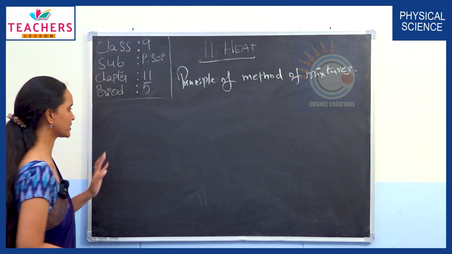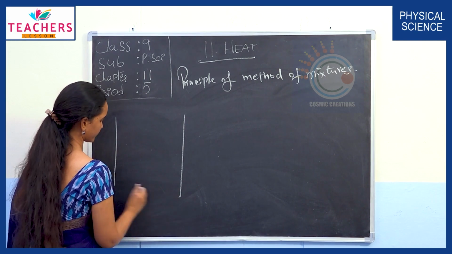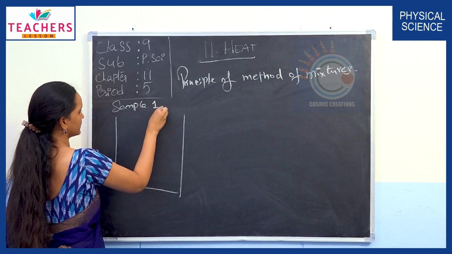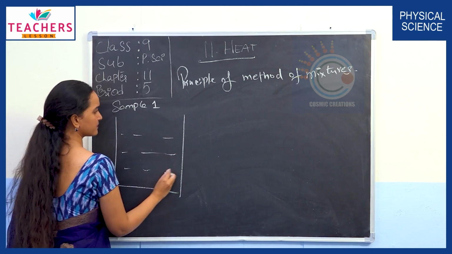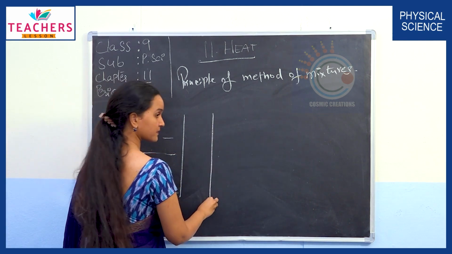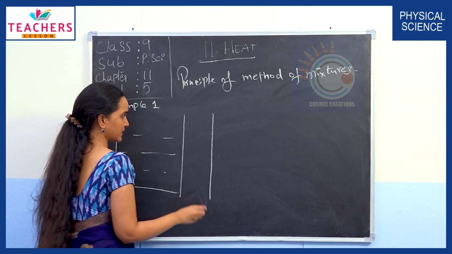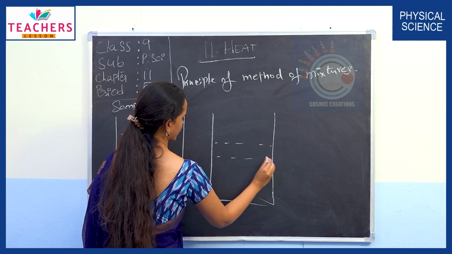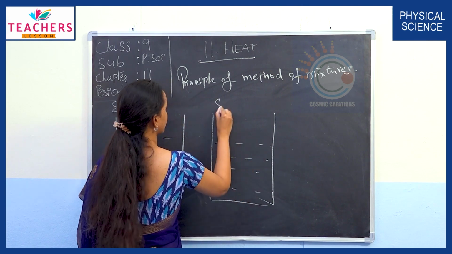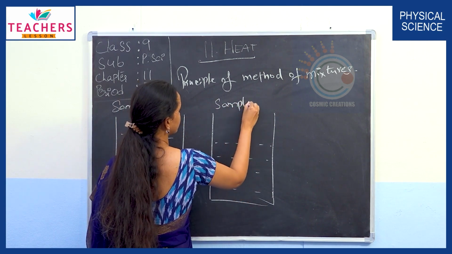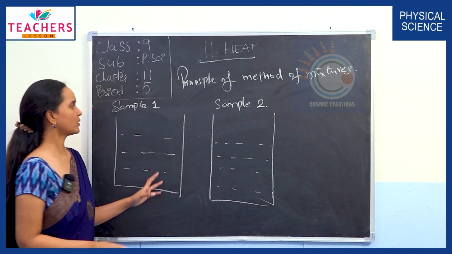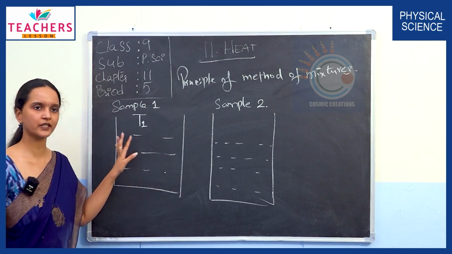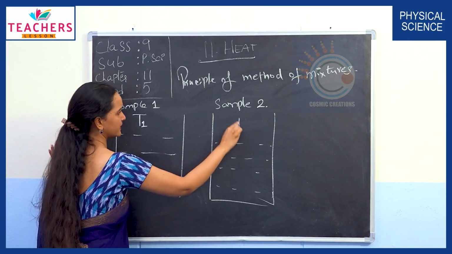Let's take two samples. I'm going to call this sample 1, with water, and we'll take sample 2 with some amount of water. Let's say sample 1 is at temperature T1, and this is at temperature T2.